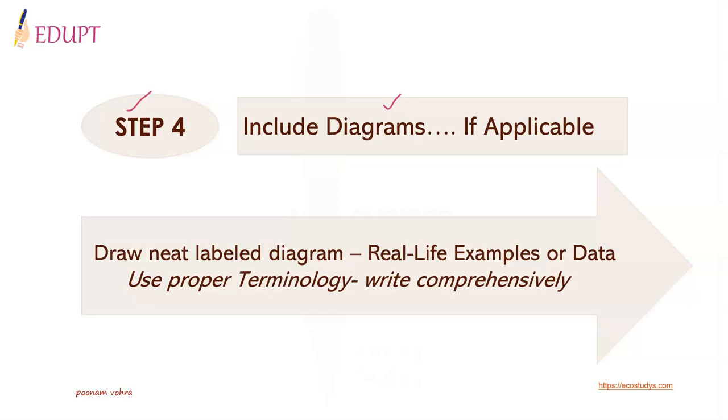Then you must use proper terminology. I've been repeating it each time that you must use technical terms and definitions from the NCERT textbook or syllabus and always avoid vague or casual language.